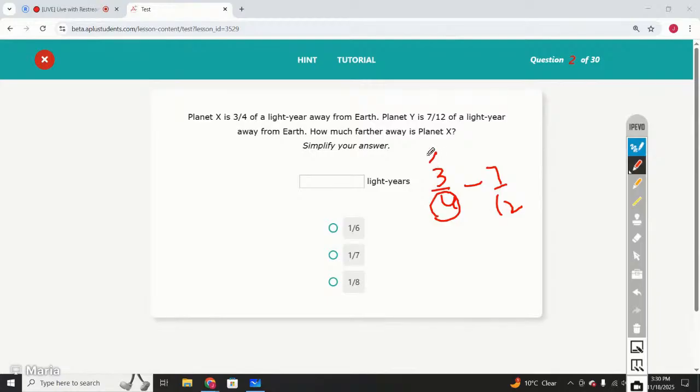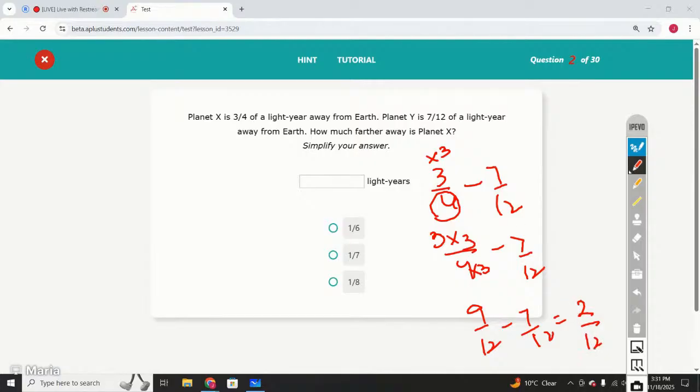4 times 3 is 12. So we need to multiply this fraction by 3. 3 times 3 divided by 4 times 3. 9 over 12 minus 7 over 12. So 9 minus 7 is 2, that is 2 by 12, or 1 by 6.